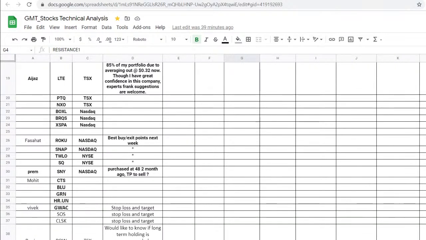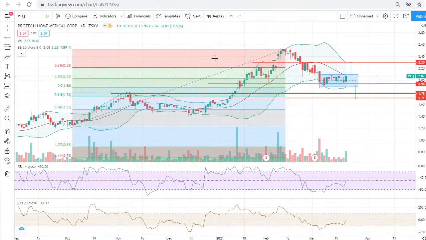Snap, TWO, and SQ, SNY, Prime, CTS, Blue, Jaren. Okay, we'll take one from every guy. I'm taking Roku, and then I will move on to Prem, SNY. Can we go back to the same screen again? Just the next tab. It was Roku.